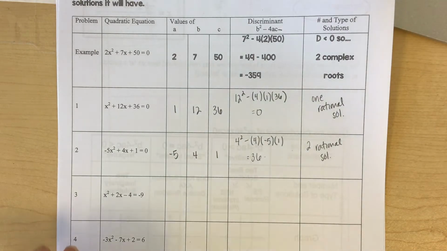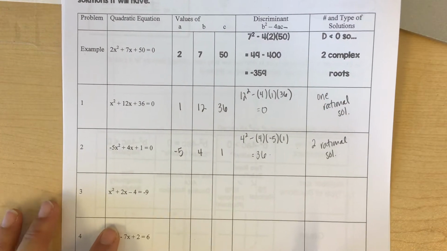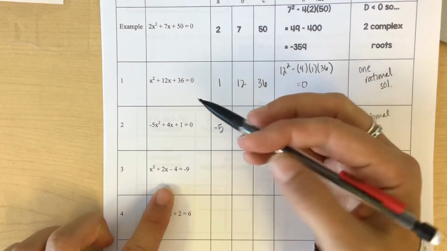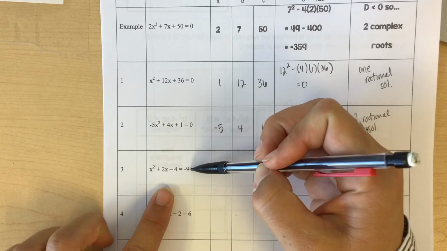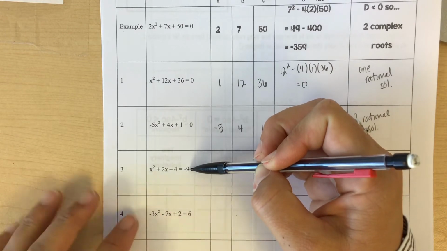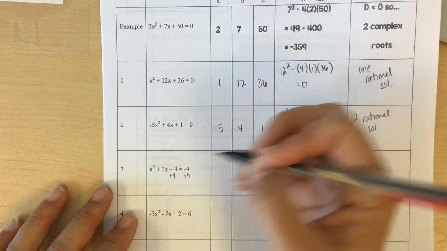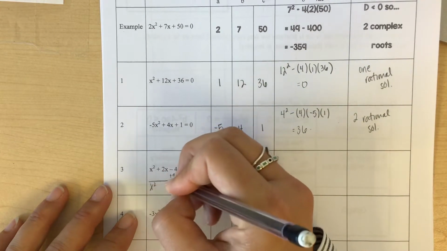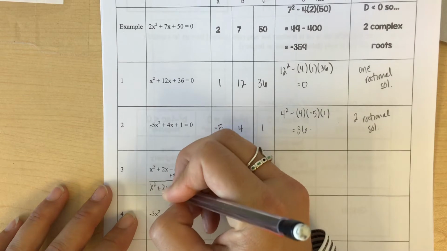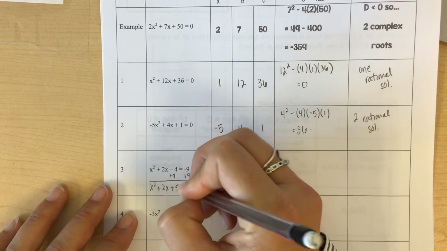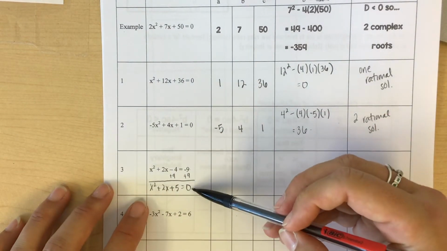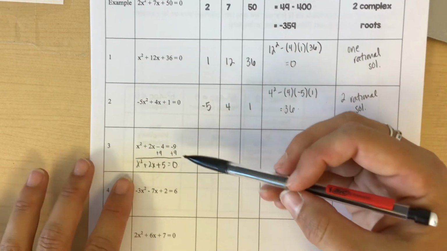All right, number 3. Before we can even start, we notice this does not equal 0, so you have to make it equal 0 first. We would add 9 to both sides, so then I have x squared plus 2x plus 5 equals 0. You have to be really careful to notice that before you start on your discriminant.